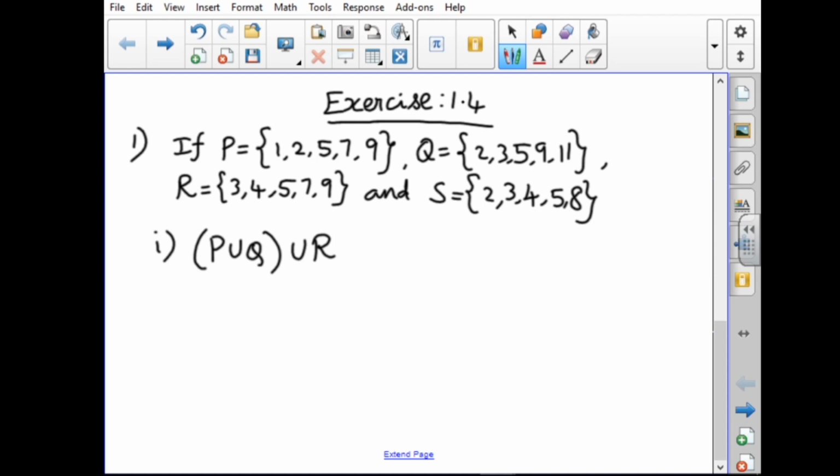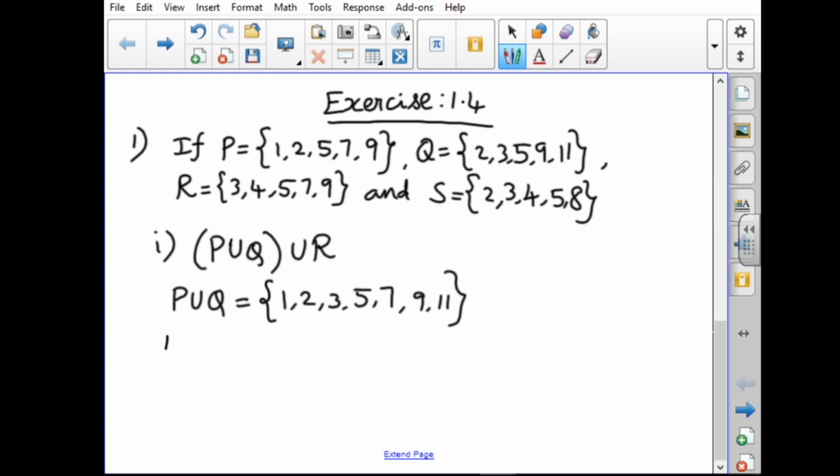First you should find what is given in the bracket, then you have to use that for union R. So first you should find P union Q. Union means we should combine the elements of P and Q. Using set brackets, 1, 2, 3, 5. Repeated elements you should write only one time. 5, then 7, 9 and 11. This is for P union Q.